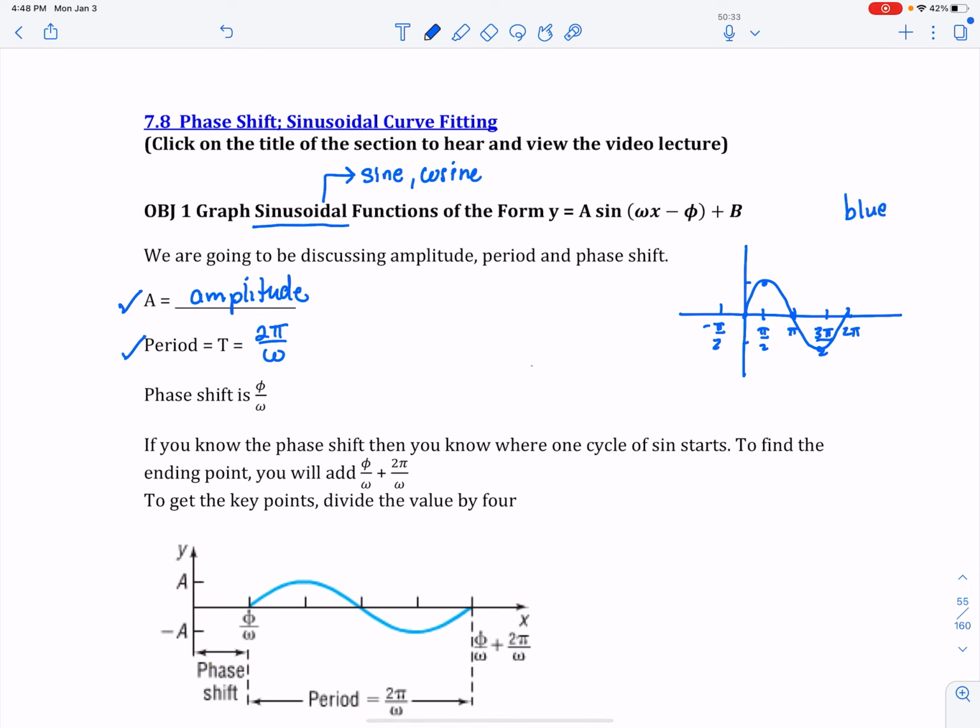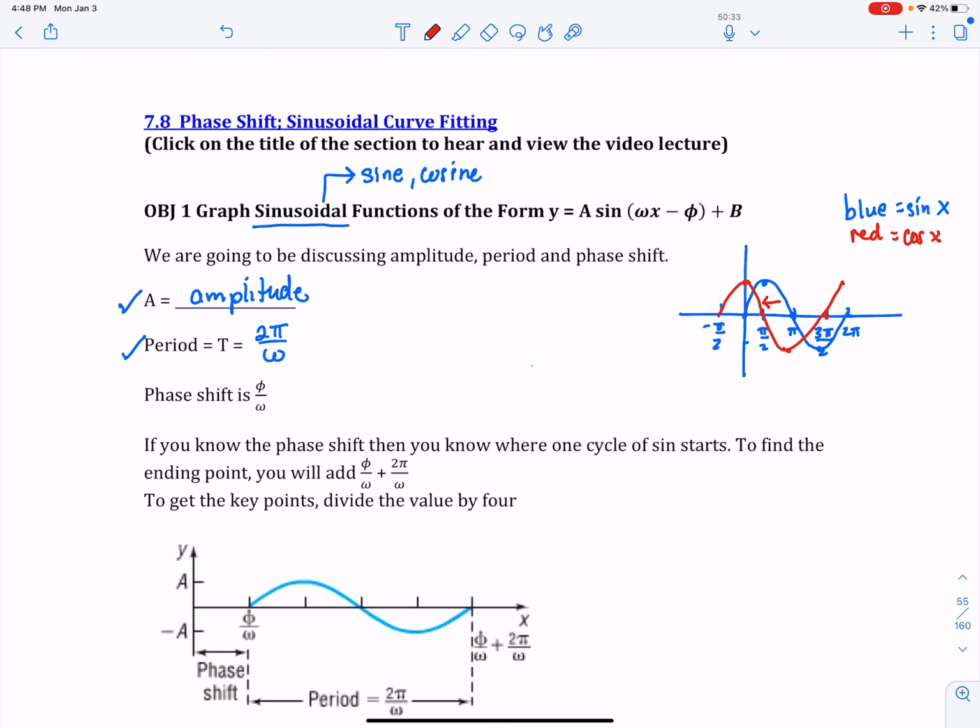So in blue, we're seeing the sine wave. So I'm going to put sine x. And then if we graph cosine, cosine looks like this, and that's going to be in red. So if I graph cosine, it looks like the sine wave, except we have pushed the sine wave over pi over 2 units. So that's why both sine and cosine are considered sinusoidal functions.